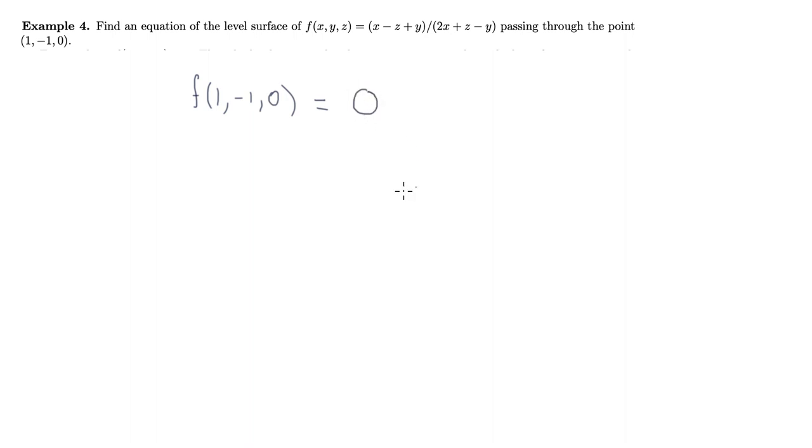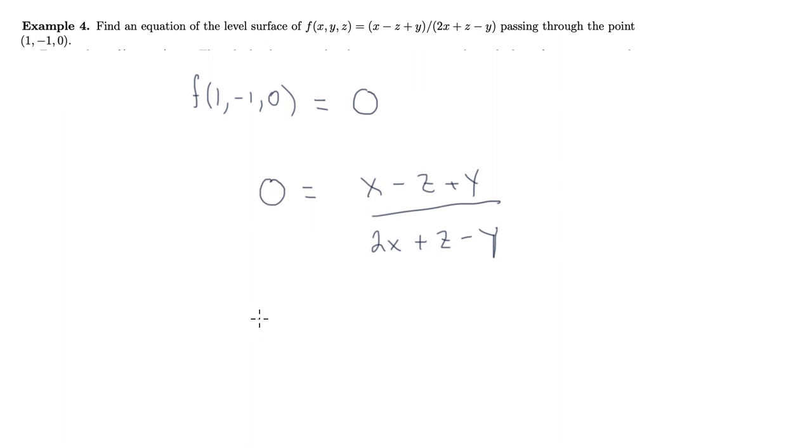So what we're looking for is the level surface corresponding to (x minus z plus y) over (2x plus z minus y) equaling 0. Okay, so what is this surface? Well, the only way a fraction is equal to 0 is if the numerator is 0 and the denominator is not 0.